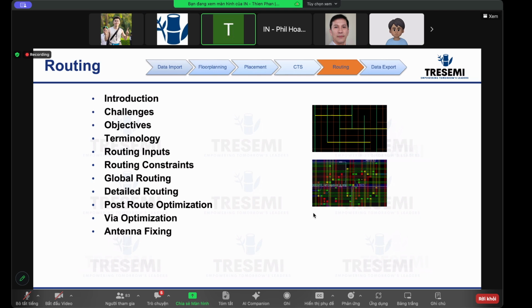So by default, the tool trades off quality and runtime, and it's not going to run with timing driven global route and crosstalk aware global route, right?